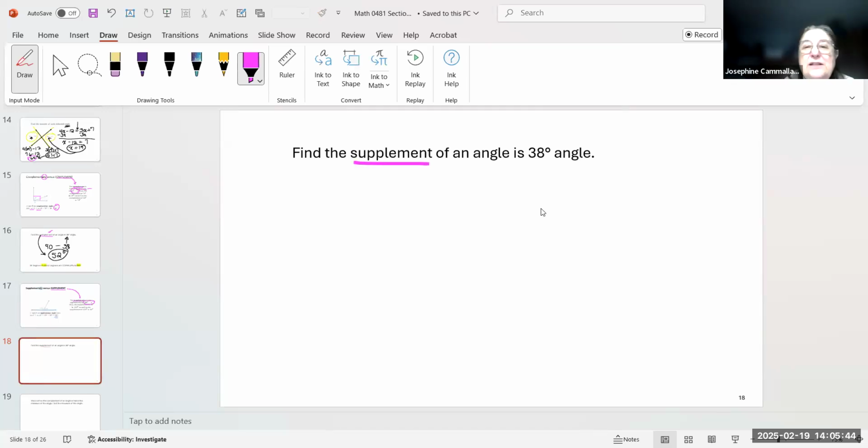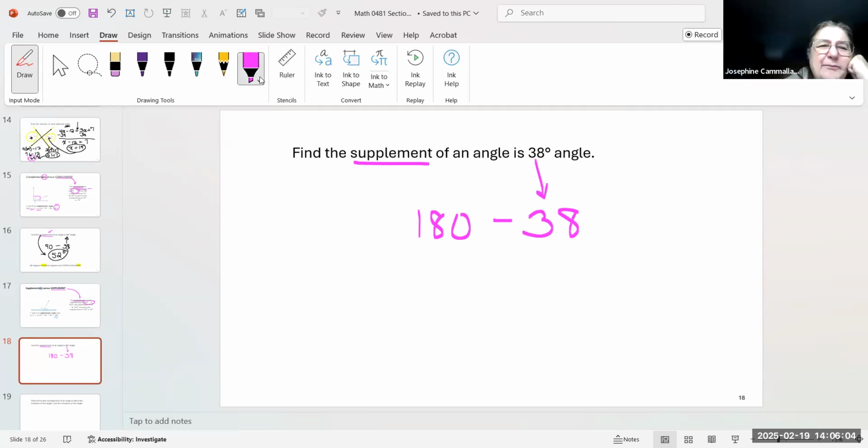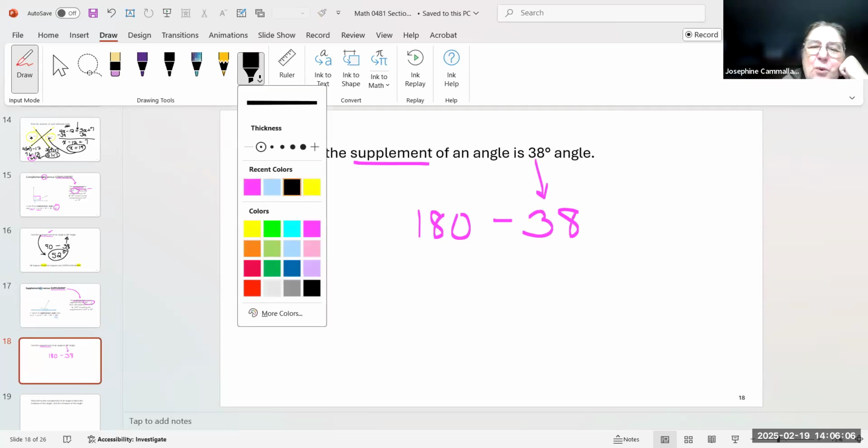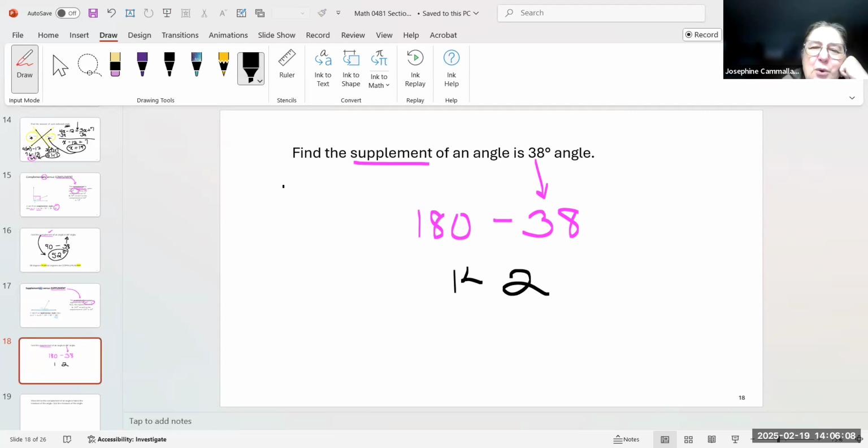The supplement of 38. Well, remember a couple slides ago we had the complement? Well, supplement means I'm taking 180 and I'm subtracting 38, which is going to give me 142.